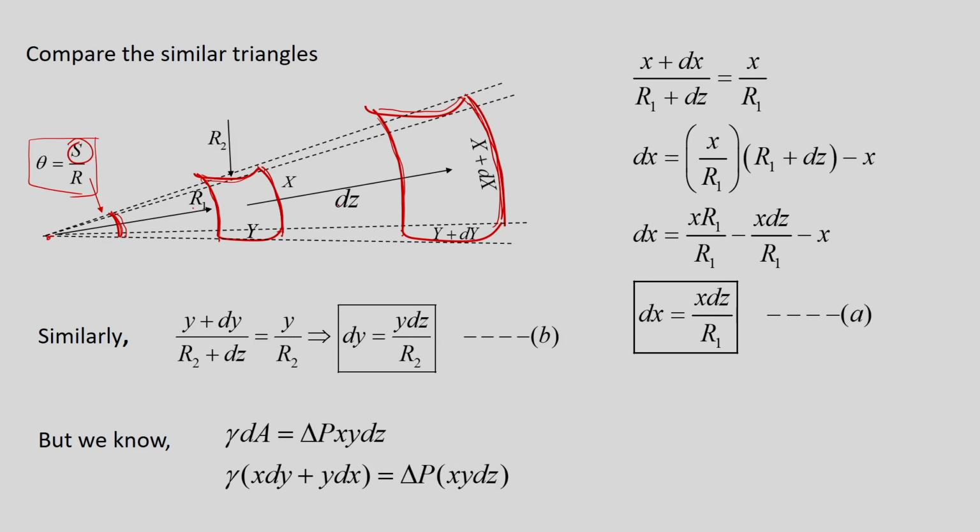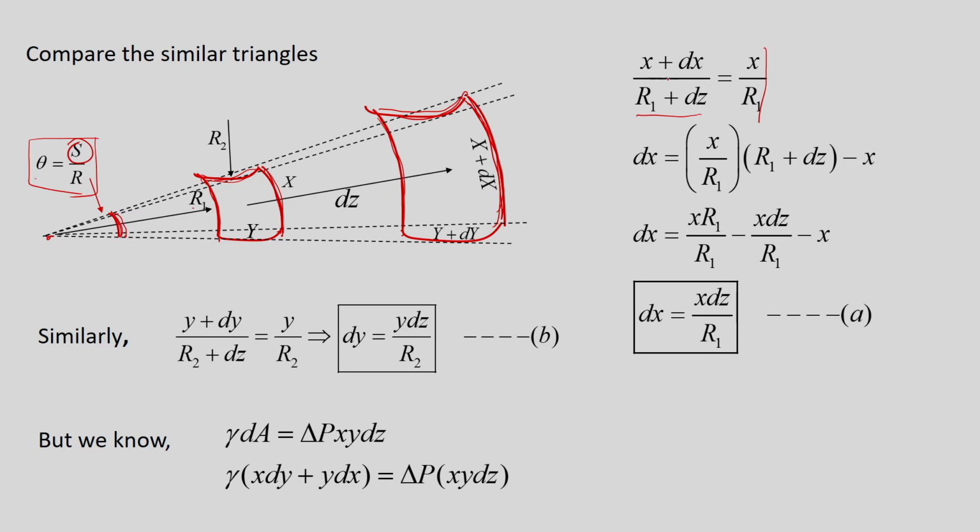Okay. So, please keep in mind that these arc lengths are proportional. So, x plus dx upon r1 plus dz is x upon r1. This you should understand. If you understand this, then you can go ahead.